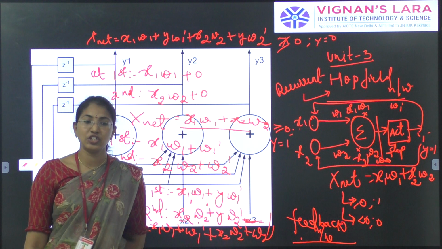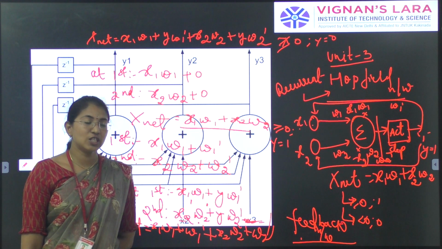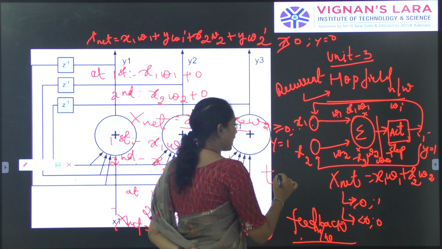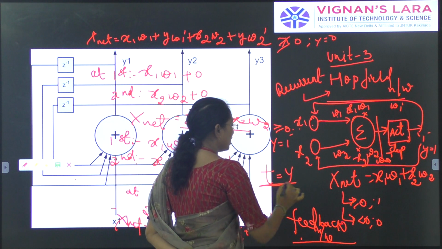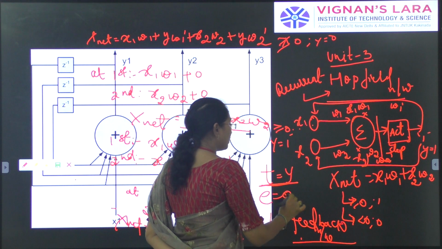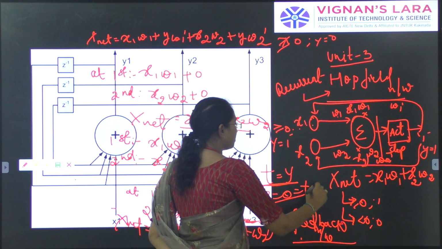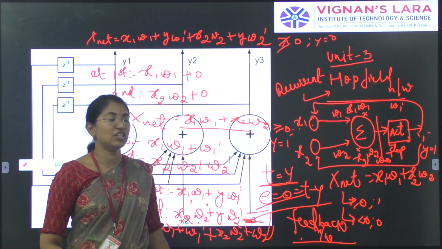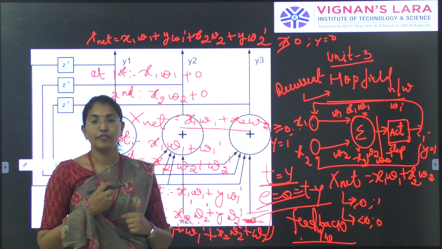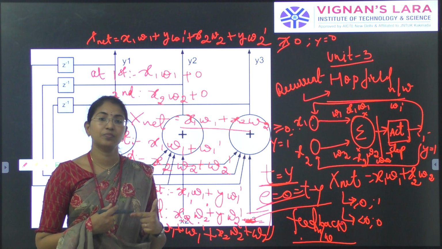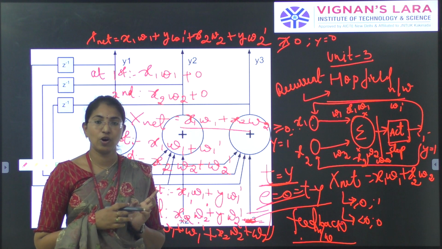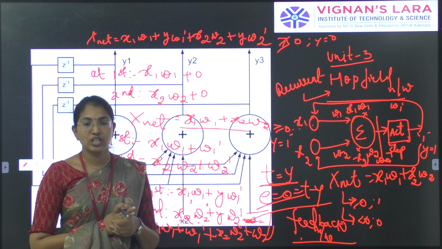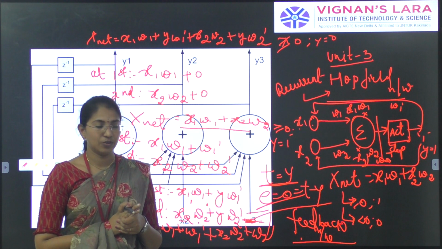This is a recursion process and it will be done until your actual output equals the target output, or your error, which is target minus actual, is 0. Until this condition is satisfied, you will perform this recurrent operation. So this is called a recurrent network.